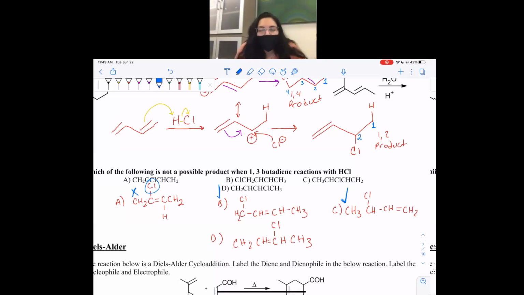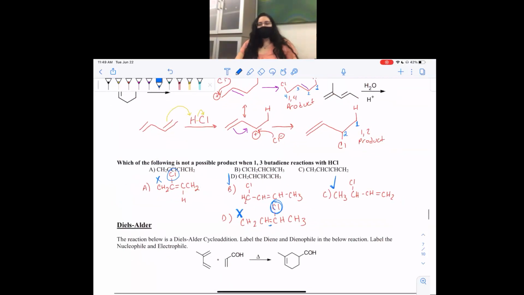All right. And then the other thing that someone pointed out, this chlorine is again attached to a double bond. It's essentially the same as A, just flipped around. So this one is not going to happen either. So the question is asking you which is not a possible product.